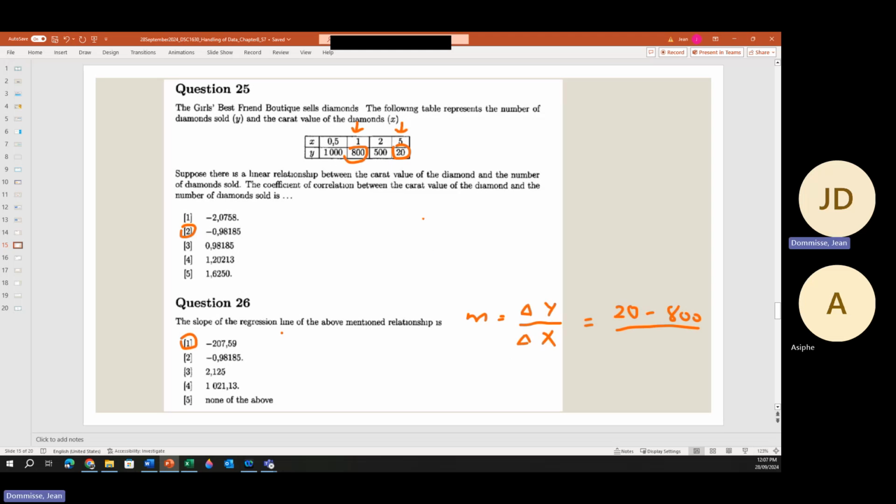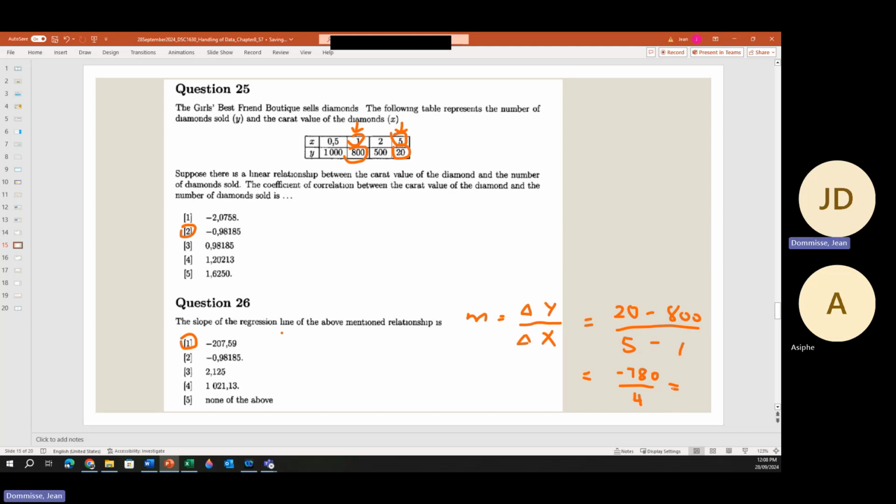The x's are 5 and 1. So at the top, 20 minus 800, we get minus 780. 5 minus 1 is 4.